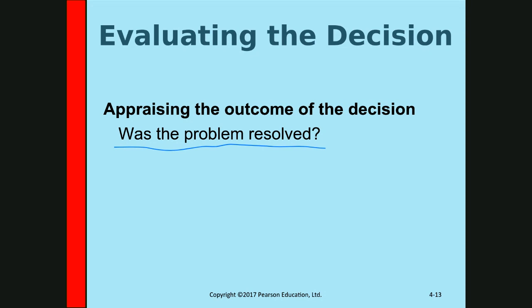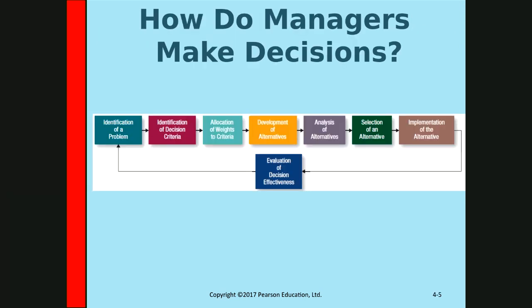Okay, so I'm going to bring you back to the first slide of the decision making. So this part. We need to ask ourselves, have we resolved the problem or have we not?